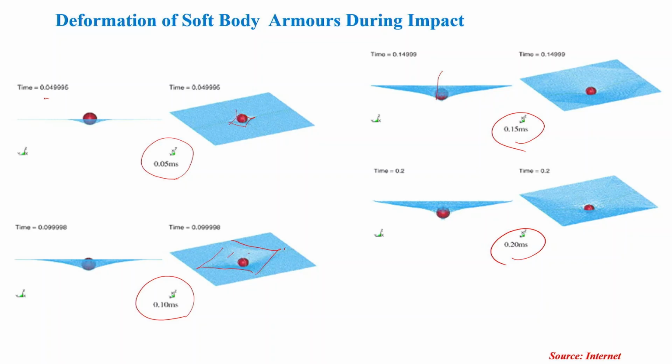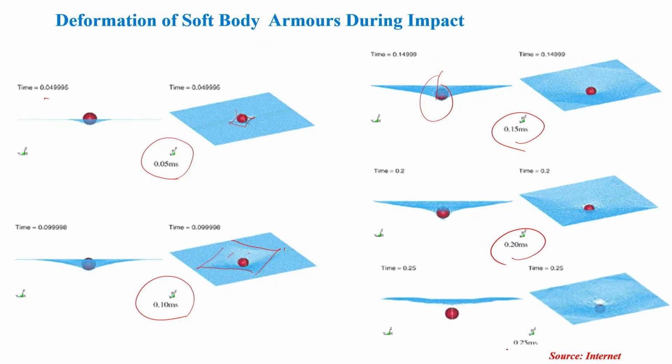At 0.25 millisecond it is damaged and the projectile has penetrated through the material. These are the different stages during the impact of soft body armor.